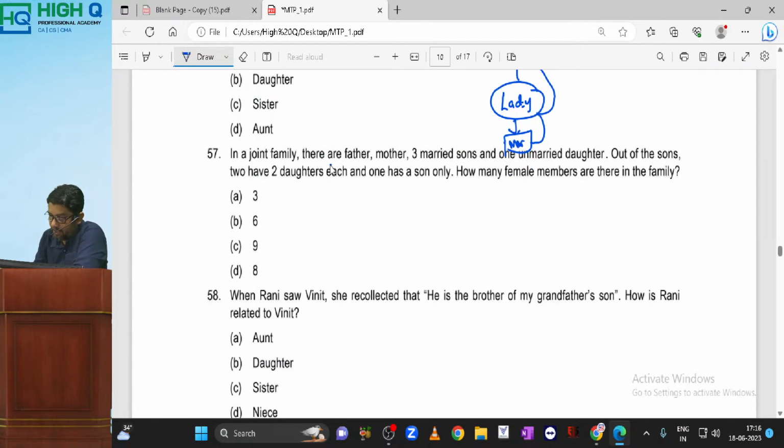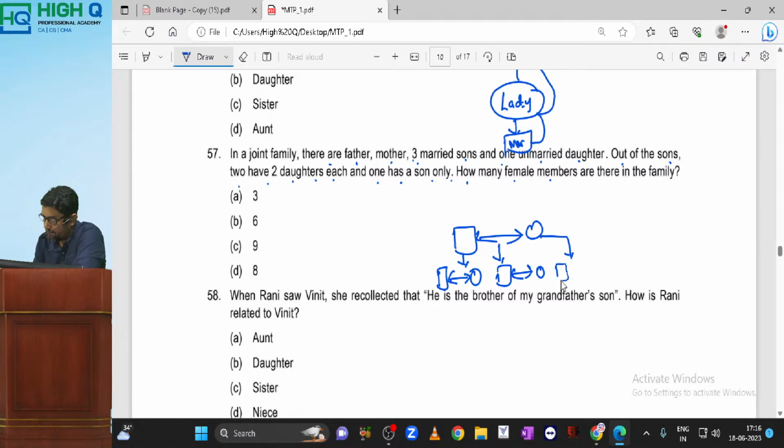In a joint family, there are father, mother, 3 married sons and 1 unmarried daughter. Out of the sons, 2 have 2 daughters each and 1 has a son only. How many female members are there in the family? Listen here. There is a father, a mother and 3 married sons. And 1 unmarried daughter.